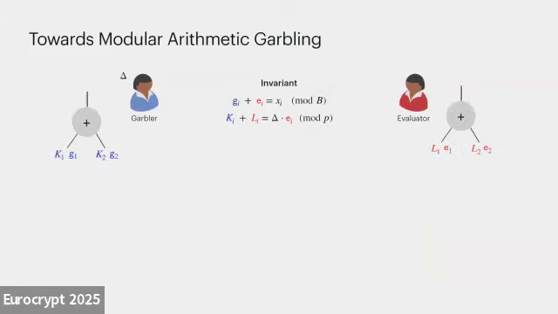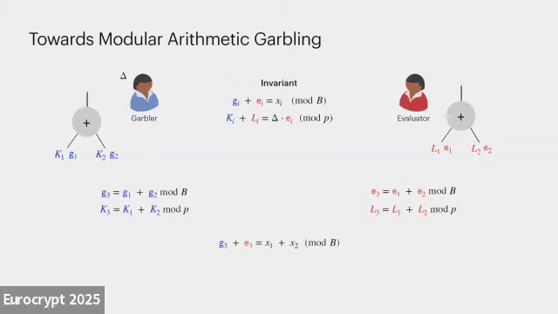So let me demonstrate this with a simple example. Say parties have their keys, labels, and shares for the input wires of an addition gate, and they want to maintain this invariant for the output wire. One very straightforward approach, because shares are linear, is that the parties simply add up their shares. Now, as we'd expect, G3 and E3, which are the shares of the garbler and evaluator, sum up to the sum of the input values, which is good.